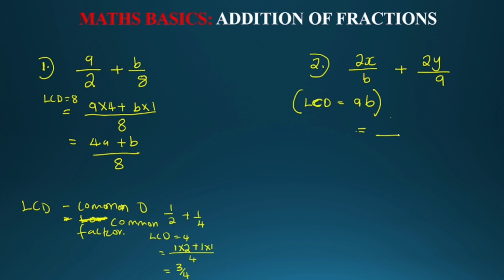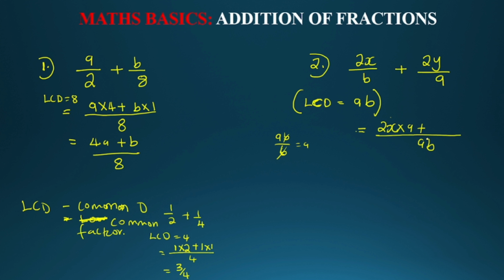Therefore, when you simplify this, you're going to have AB as our lowest common denominator. Then what is our numerator? Our numerator is 2x. Therefore, you say b goes how many times here? It's like they're cancelling each other out. It's like you are saying ab divided by b. This b and b will cancel out, therefore you're left with a. So multiply by a.